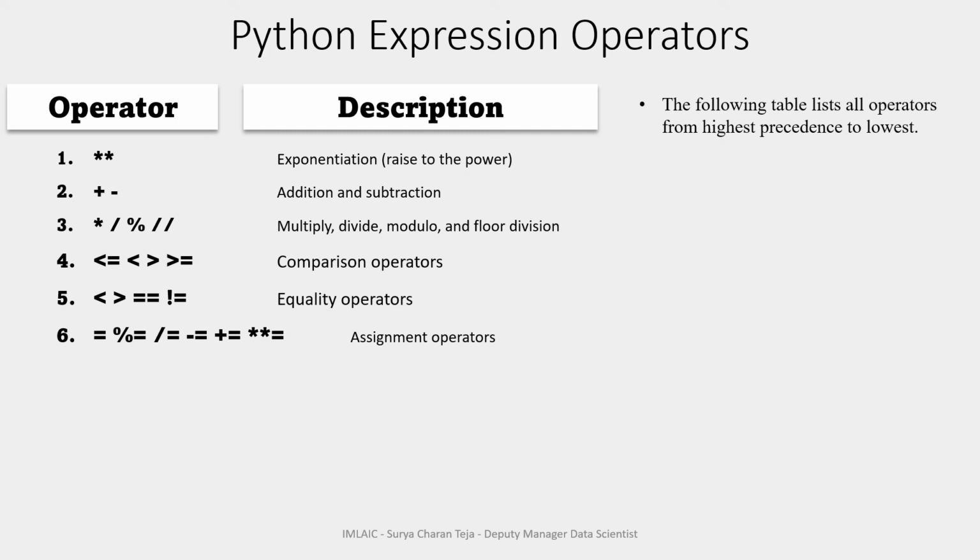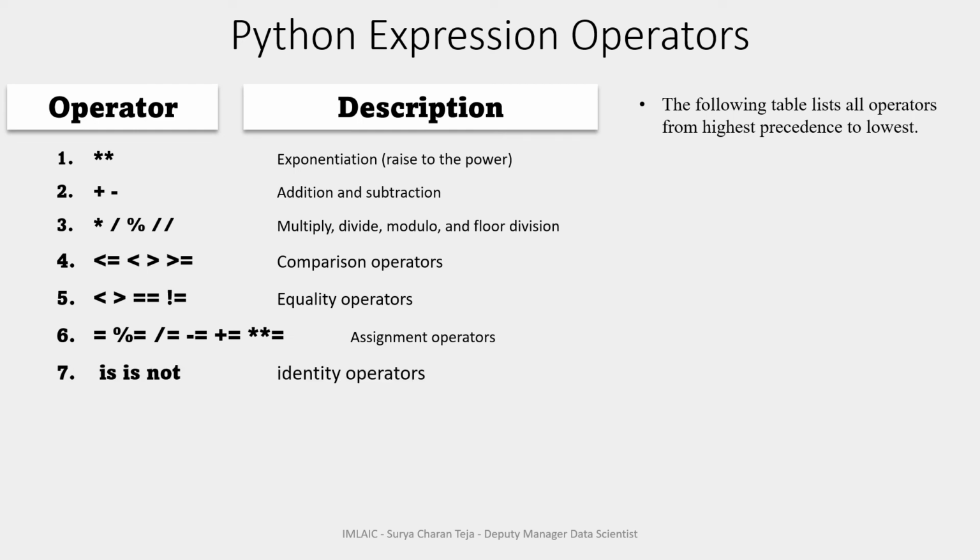Similarly, we have compound assignment operators such as plus equal to, minus equal to, and forward slash equal to. You can look into the others. These are used to do referencing as well as arithmetic operations together, so they are called compound assignment operators.